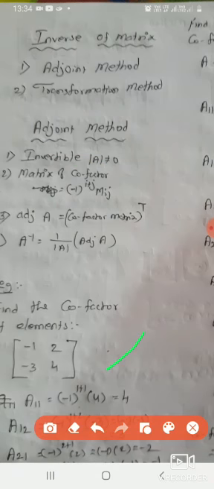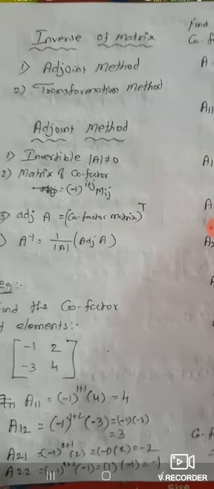For example, see this sum. Find the cofactor elements, not matrix. Cofactor element of this one. Find the cofactor element means first one, this matrix is clearly given: minus 1, 2, minus 3, 4.